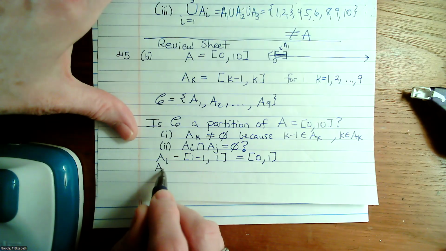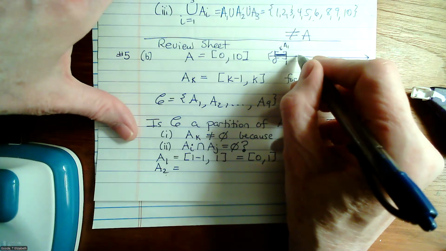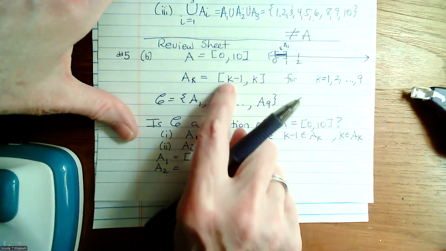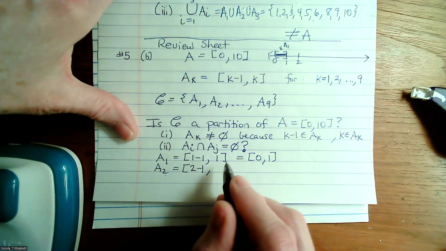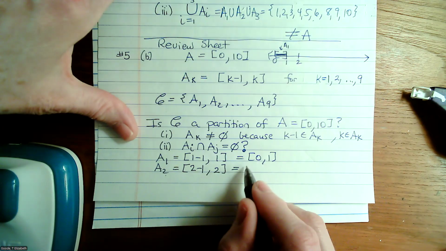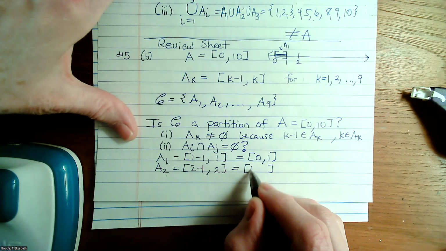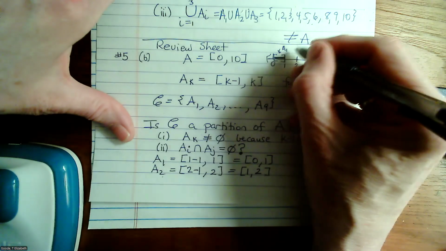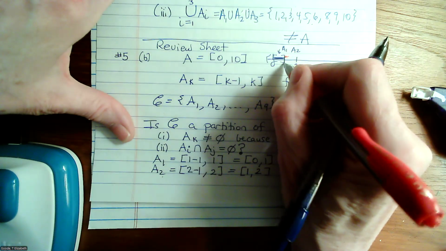Let's look at A2. What is the interval A2? 2 minus 1 to 2. So it goes from what to what? 1, 2. Good. So here's A2, but it's square bracket.